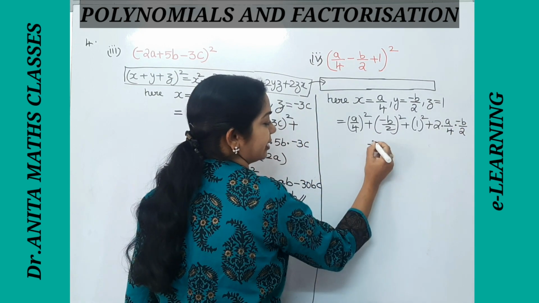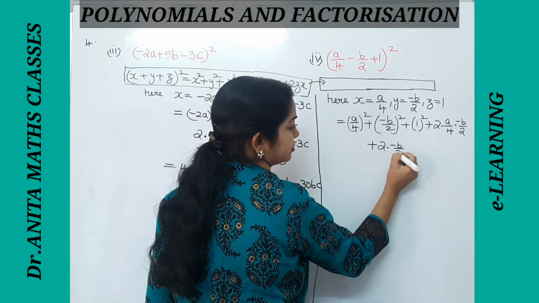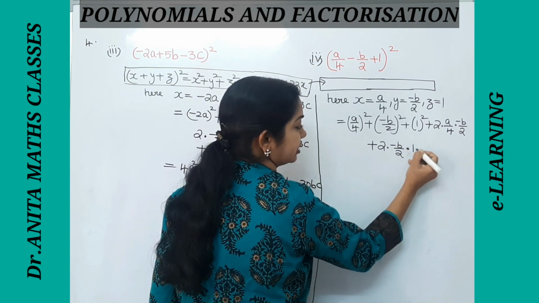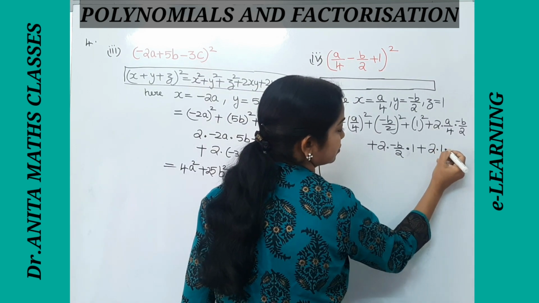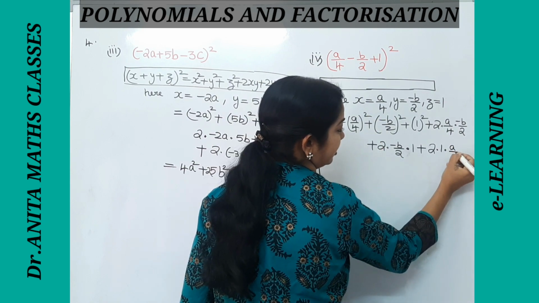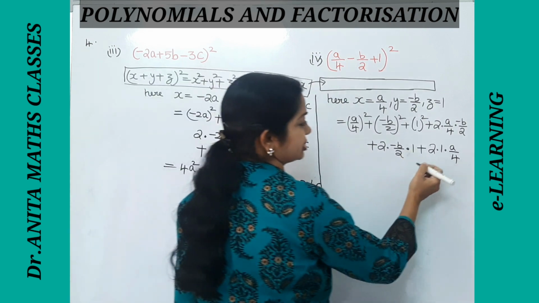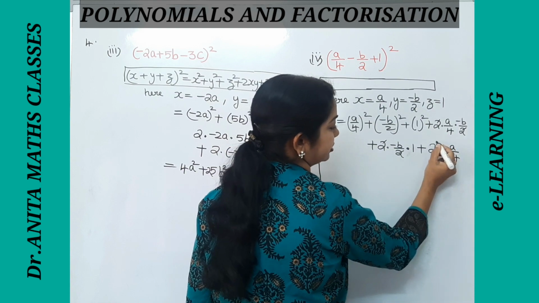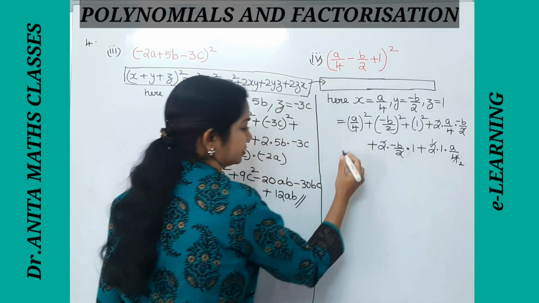Plus 2yz: y is minus b by 2, into z, which is 1, plus 2zx: 1 into a by 4. Now if there are any cancellations we will do them: we can cancel 2 and 2 here, 2 once here and 2 twice here.